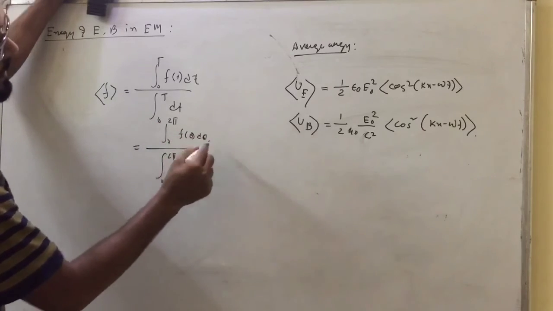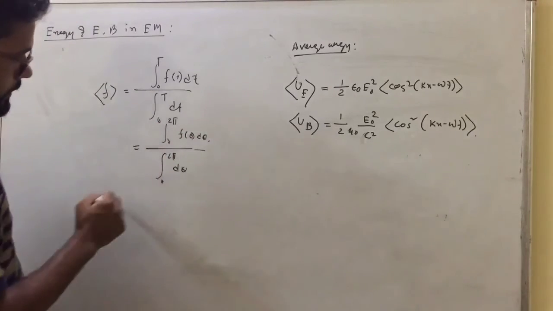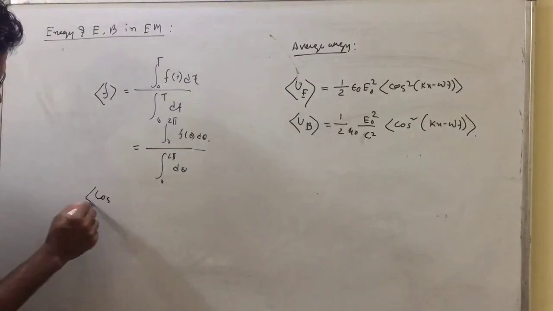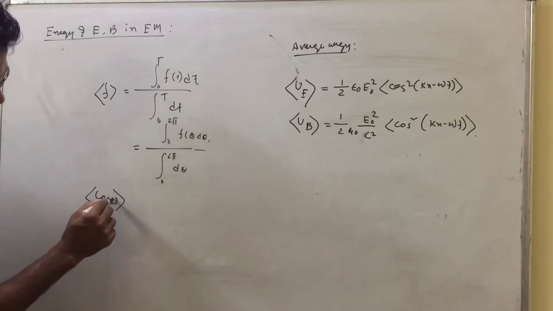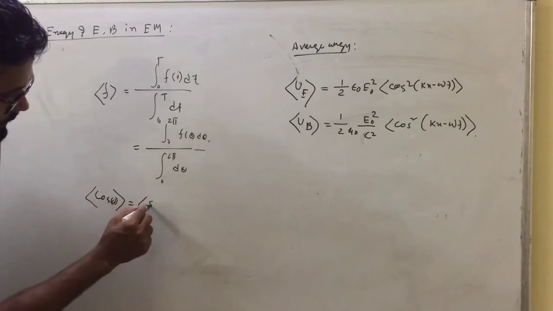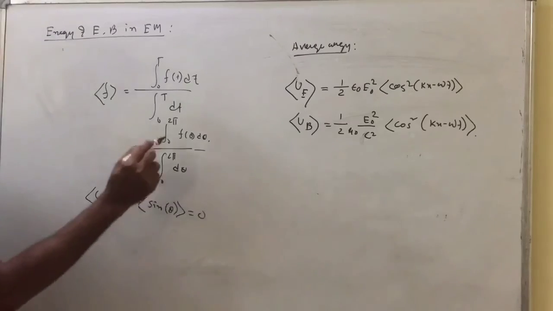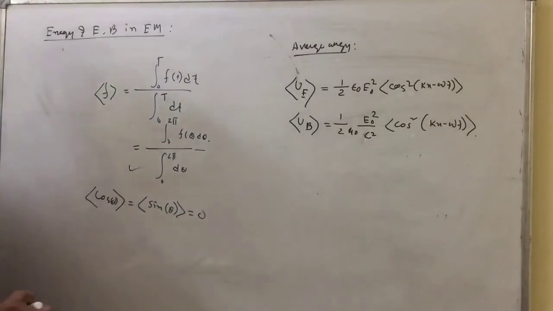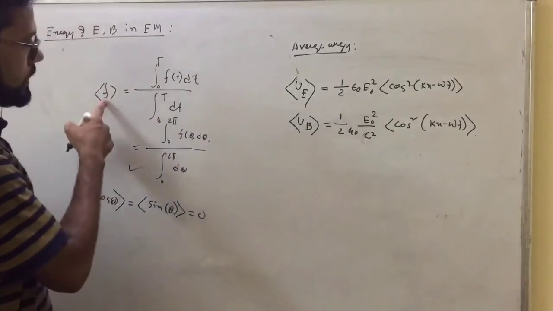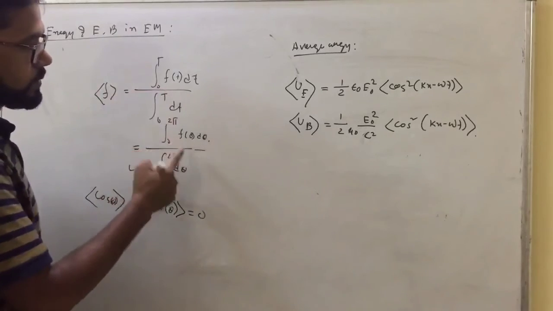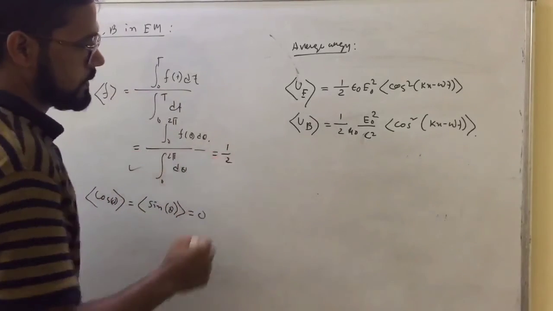This is the formula. So if we take the average of a cos function, or any function of theta, the value will be equal to 0. And now if it is sine square, the average value is half.